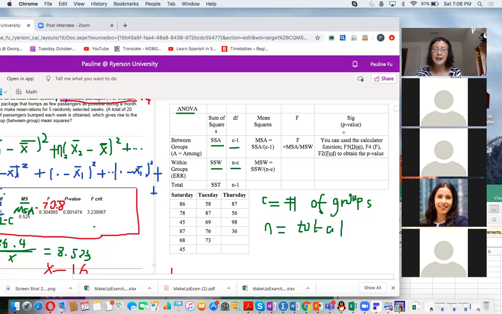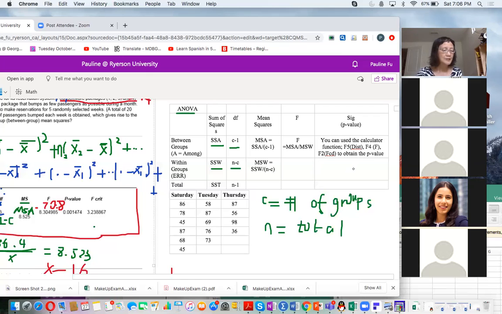I also give you a hint on how to get this F test statistic and p-value. Use your calculator. To get the p-value, you press F5 for distribution, F4 represents the F distribution, and then F2, F accumulated, you get the p-value.